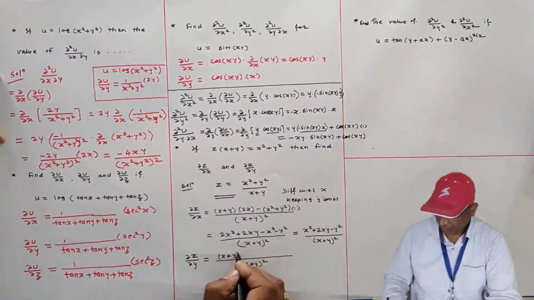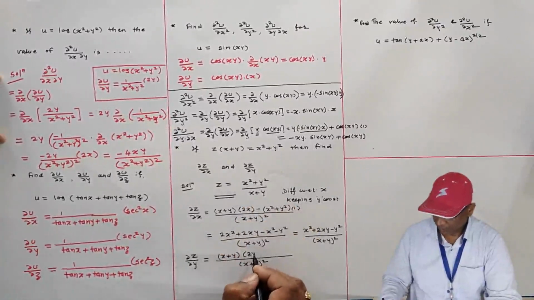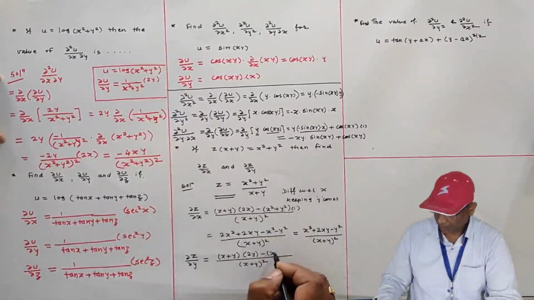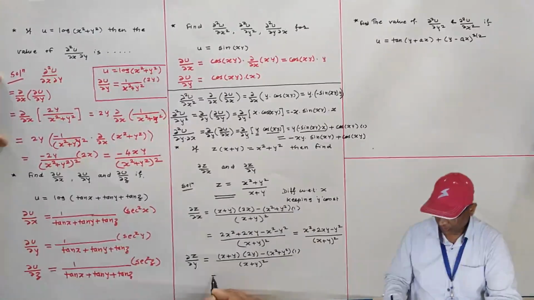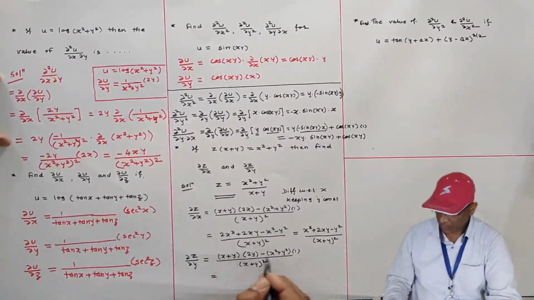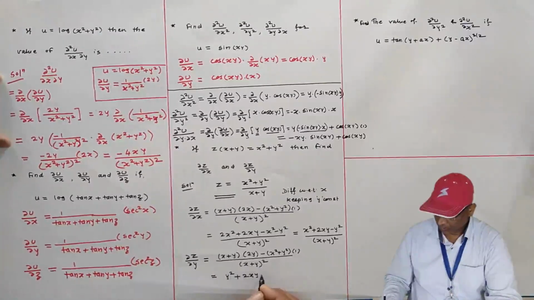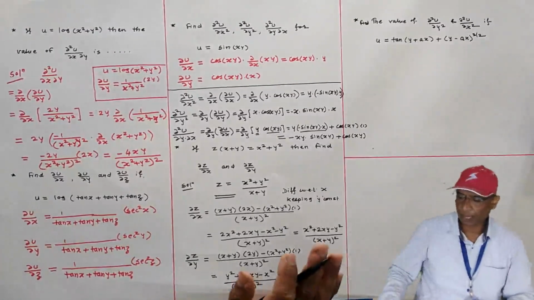Denominator, derivative of x square plus y square with respect to y is 2y, minus numerator, derivative of x plus y with respect to y is 1. In this way, 2y square minus y square is y square, directly writing it, then plus 2xy minus x square, directly writing. After opening the bracket, you will get this. This is del z by del y.